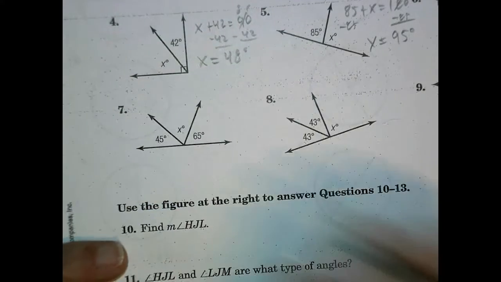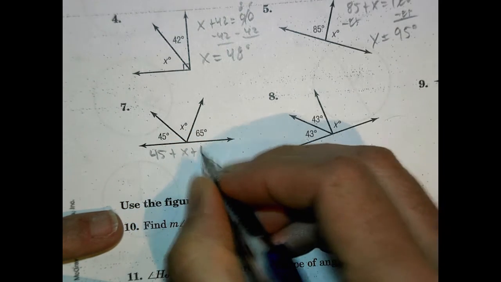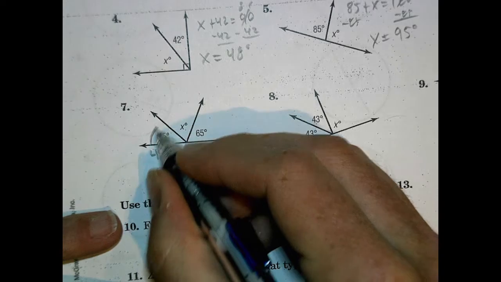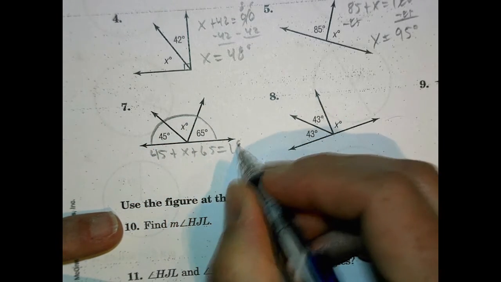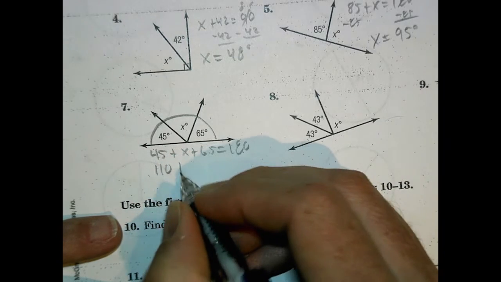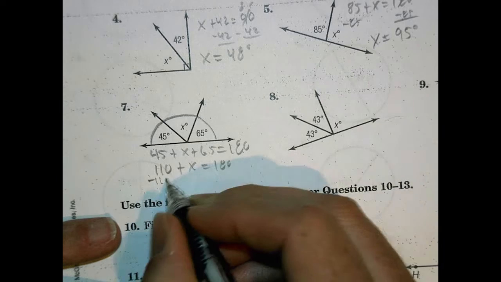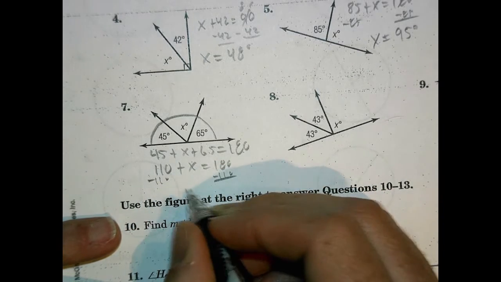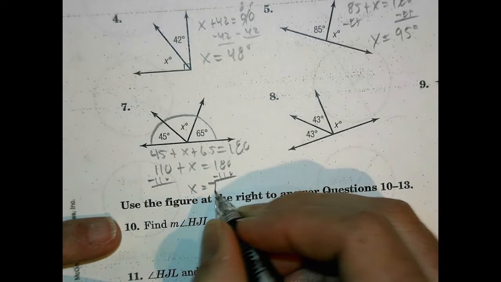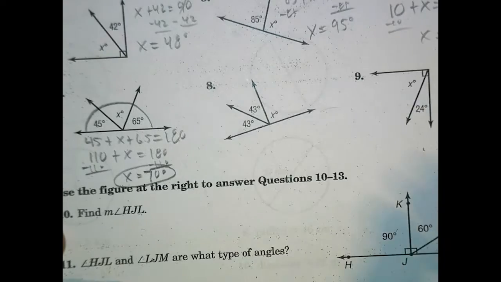Number 7, we have a 45 plus an x plus a 65 all together, makes a straight line, equals 180. So 45 plus 65 is 110 plus x equals 180. I'll subtract 110, so that x is equal to 70 degrees. Number 8.